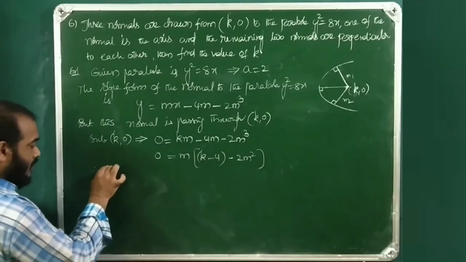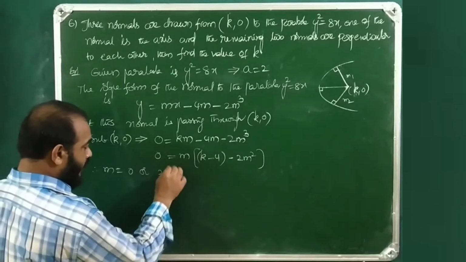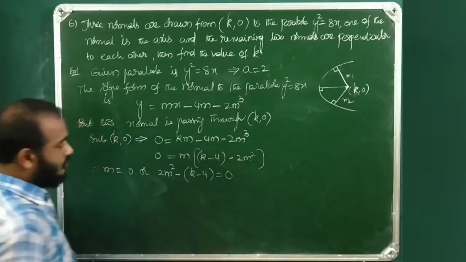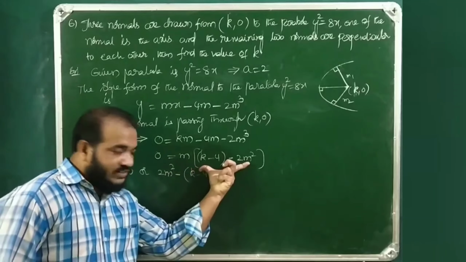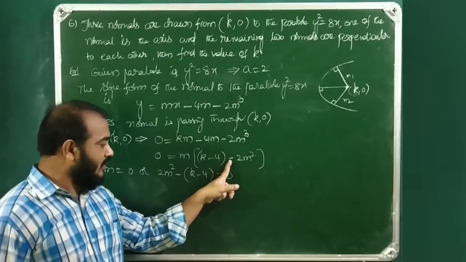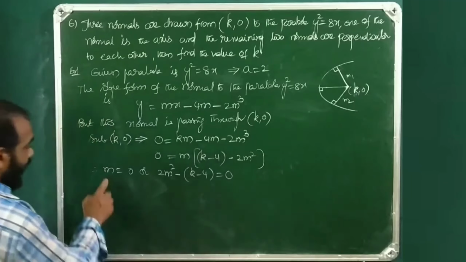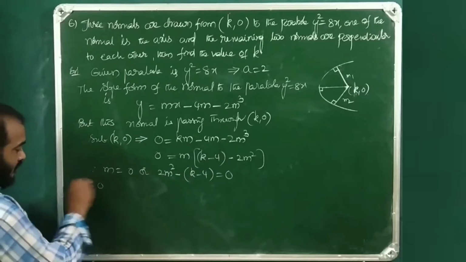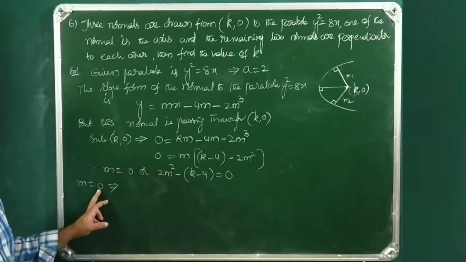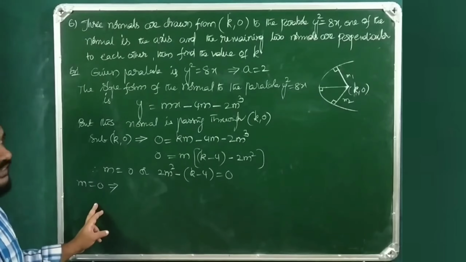From this, m equals 0 or 2m square minus (k minus 4) equals 0. Either m equals 0 or this equals 0. If the slope is 0, this is the slope of the x-axis.